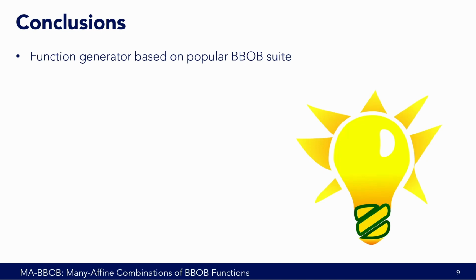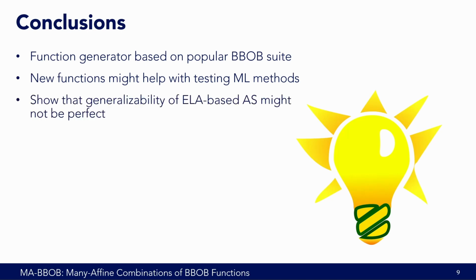Because with this kind of function generator based on the popular BBOB suite, we are no longer limited to just these 24 very different functions, and we can hopefully gain some new insights in testing automated machine learning methods. And we did some basic exploration here of generalizability of an ELA-based algorithm selector, and show that this might not be perfect.